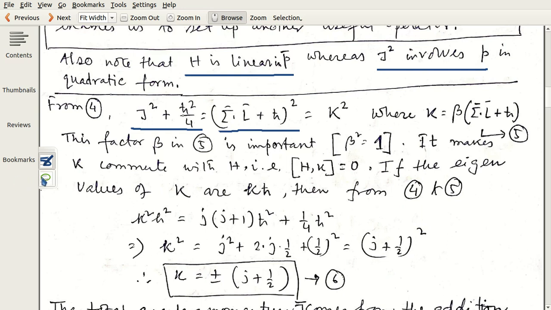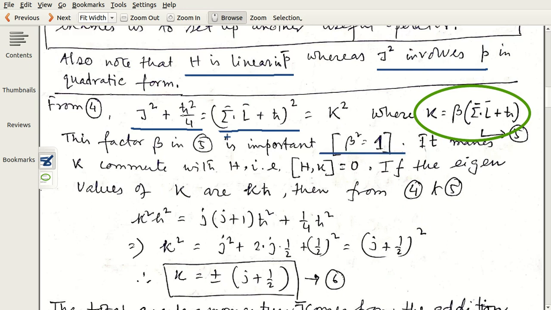For mathematical convenience, we will use this form of K: K equal to beta times sigma dot L plus h cut. So if you square it, K square will be beta square times sigma dot L plus h cut square, where beta square equals 1. It is known to us. This is the Dirac matrix which gives beta square equal to 1.